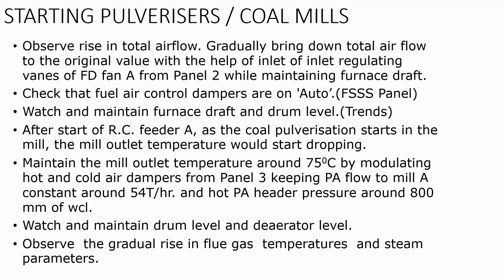Now as you have already put them on auto, the hot air and cold air dampers will maintain. But if they are not maintaining, then you can decrease the feeder speed and stop the feeder.